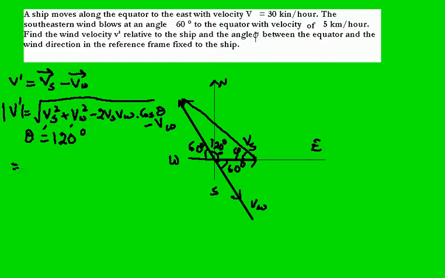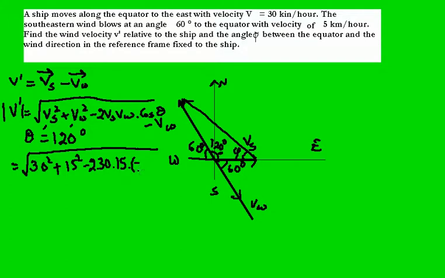So substituting the values, we would get 30 square plus 15 square minus 2 into 30 into 15 into cos of 120. Cos of 120 would be negative 0.5.